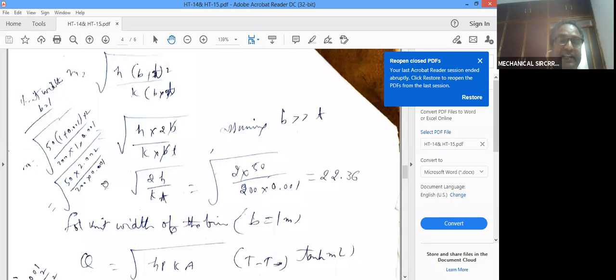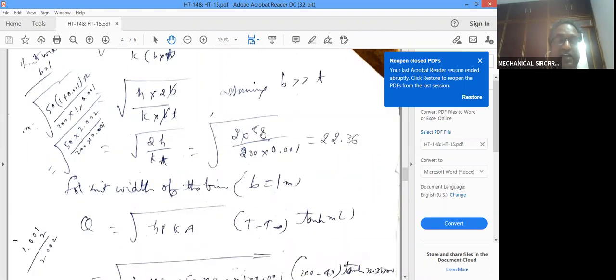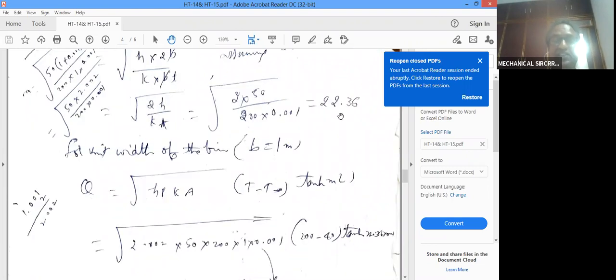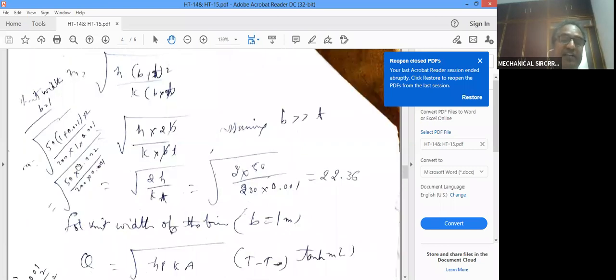That m is equal to square root of 2h by kt, that is equal to square root of 2 into h value 50 divided by k value 200 into thickness value 0.001. If you calculate this, m value is 22.36. Or otherwise you can calculate m value like this also. That will be around 22, or nearer to 22. So you can take either of the calculations.